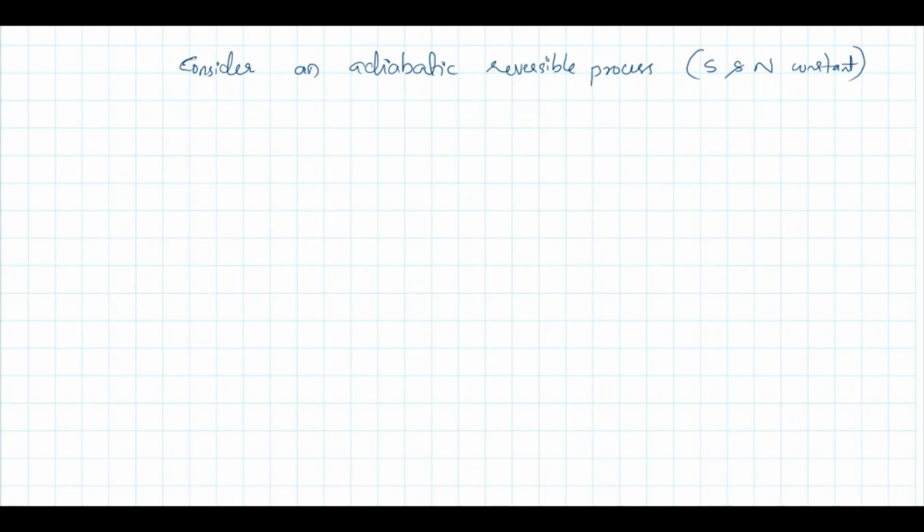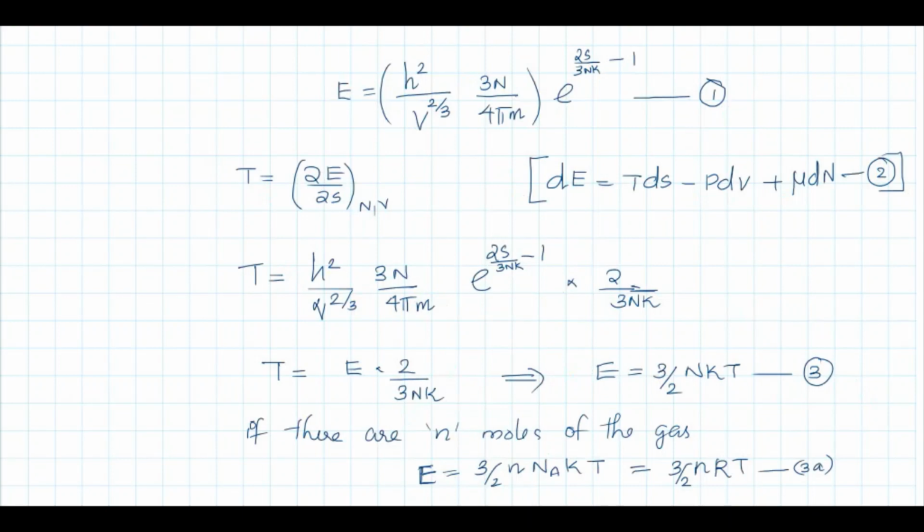Then energy will be proportional to V raised to minus 2 by 3, because of equation 1. Energy depends on V, N and S, but N and S are now constant.